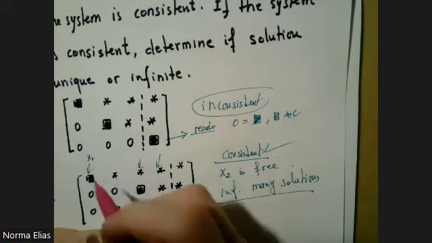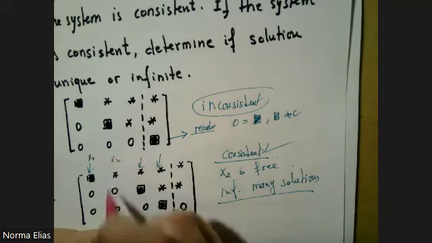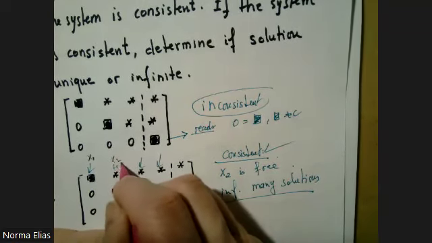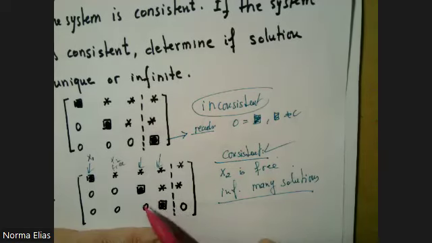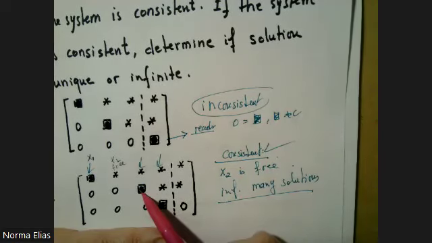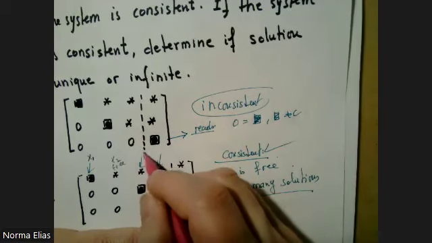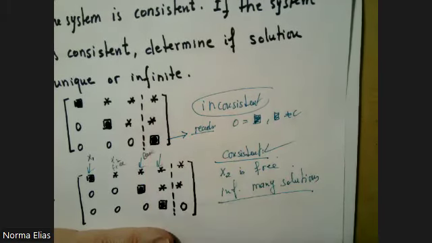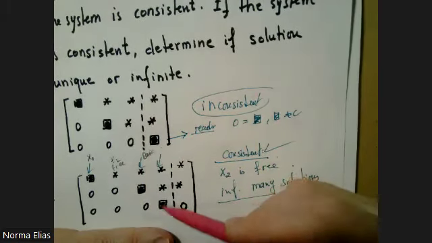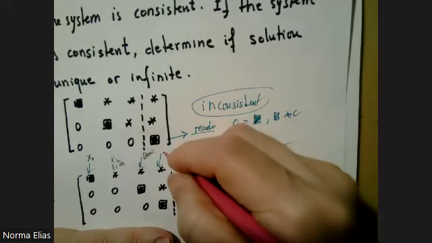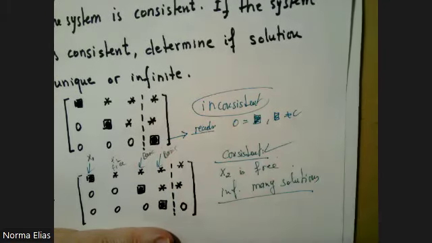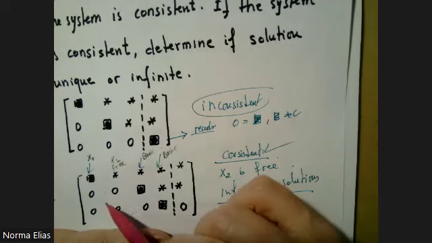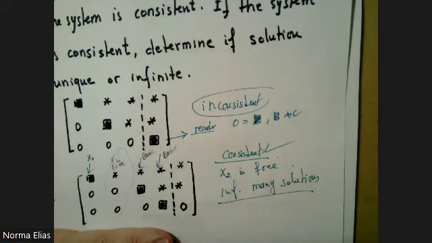It has a leading. x2, there is no leading. This is the free variable. x3, the column that corresponds to x3 has a leading. That's a basic. The column that corresponds to x4 has a leading. That's a basic. Is that clear? Crucial to understand the picture. So the only free variable in this is actually x2.